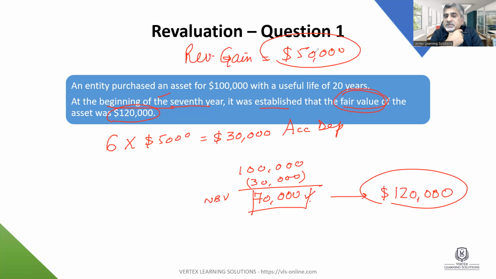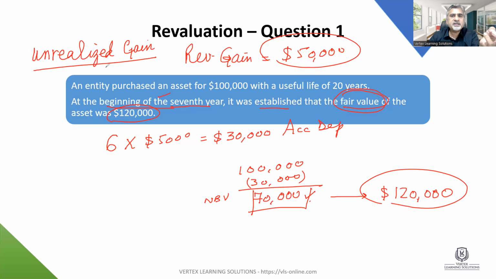Now, what do we do with this revaluation gain? By the way, this revaluation gain is called unrealized gain. You will use this terminology, unrealized, very frequently as you move on with your accounting subject. Unrealized means something which has not been converted to cash. Because you as an accountant come in and say, sir, I've got good news for you.